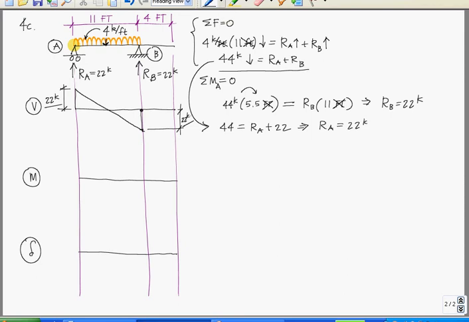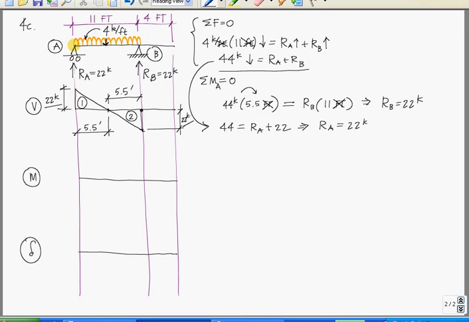Now, to do the moment diagram, I need to take the areas of the shear diagram. So I'm going to call this area 1 and call this area 2. Since this is 22 kips and this is 22 kips, you can look at similar triangles, but we know that this point has to be halfway between points A and B. In other words, 5.5 feet here and 5.5 feet here.